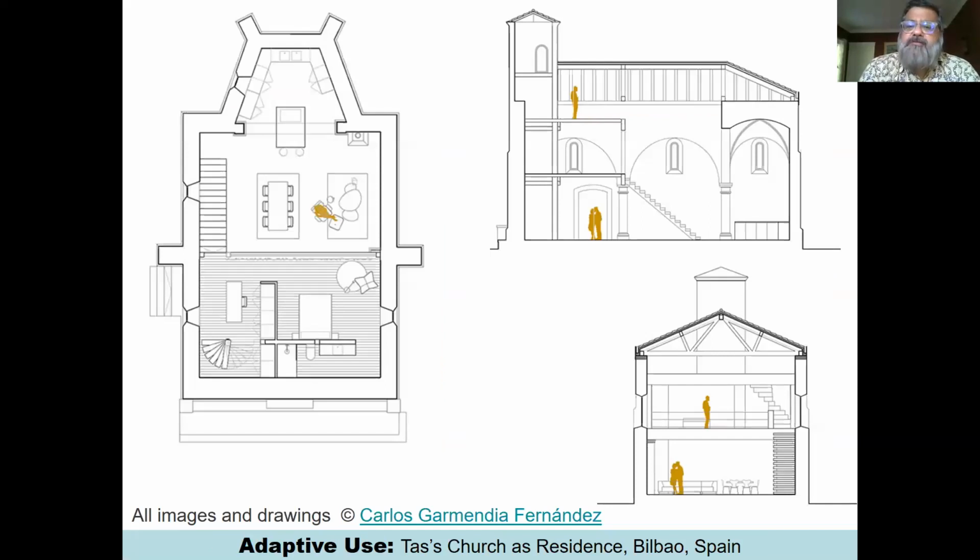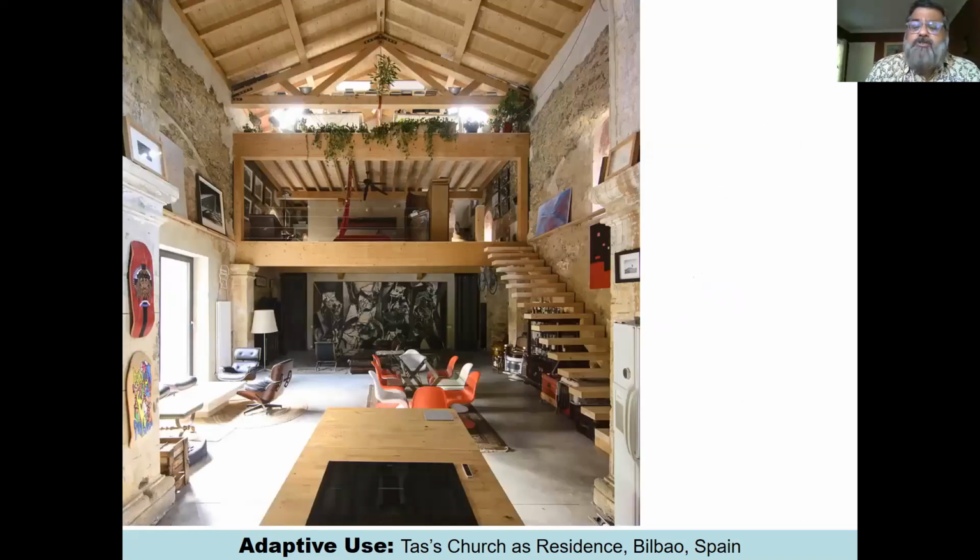Here's another one, a very small 16th century Basque church near Bilbao, Spain, which was turned into a residence. It had been abandoned since the 1970s. The church was in need of serious repairs. The roof had caved in, lots of vegetation had invaded the structure, but you can see the small church, which I believe is less than 190 square meters.